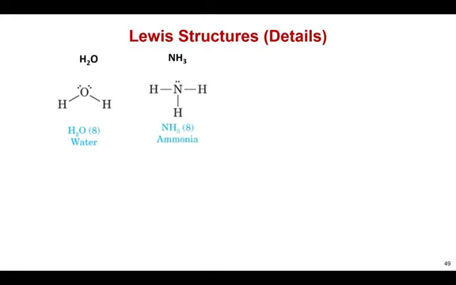Ammonia also has 8 valence electrons coming from nitrogen and hydrogen. Then you have 4 electron pairs, a total of 8 electrons divided by 2 for pairs. Since we write bonds with the arrow as a pair, normally we go ahead and count the pairs.